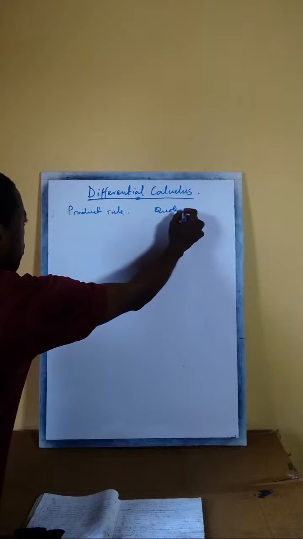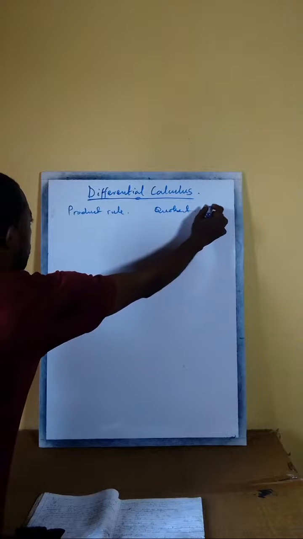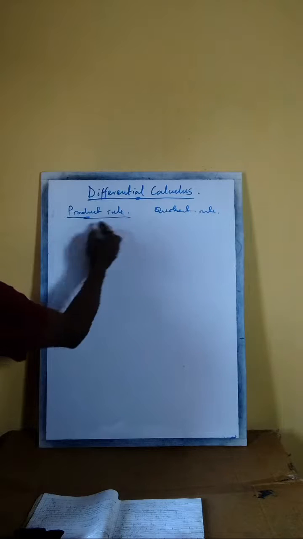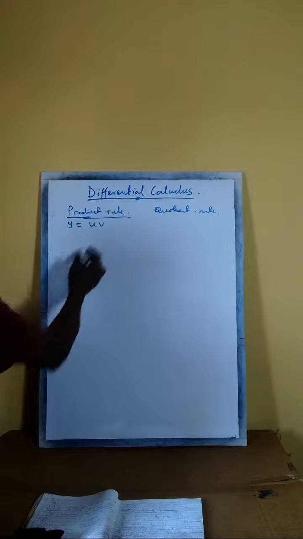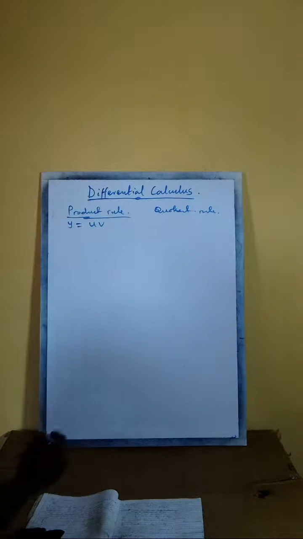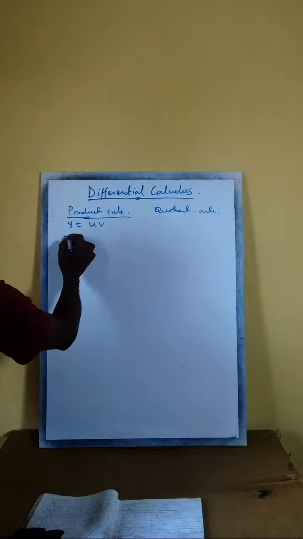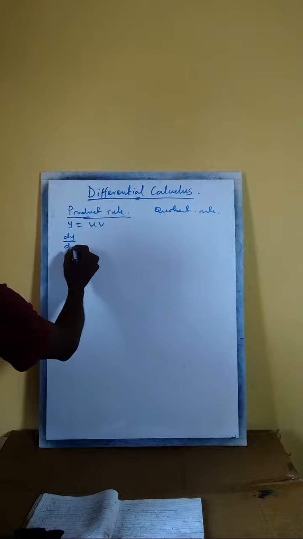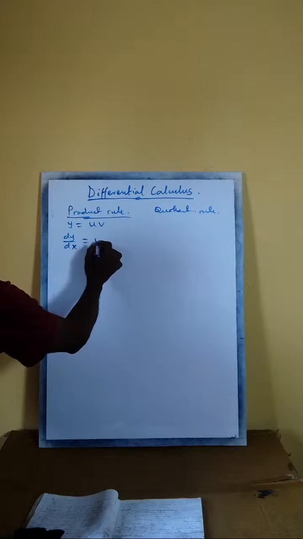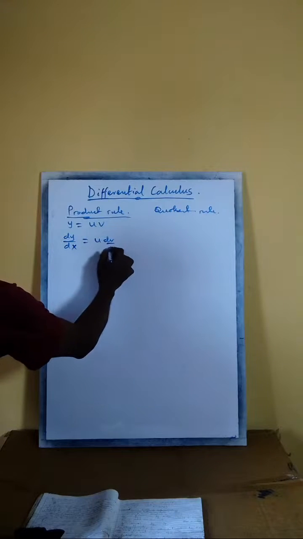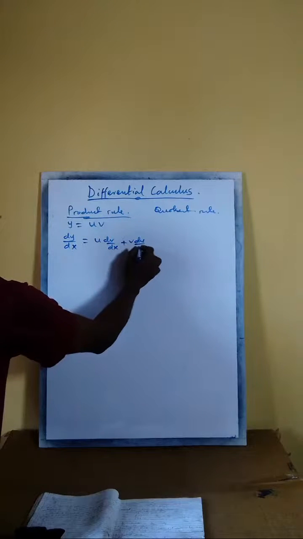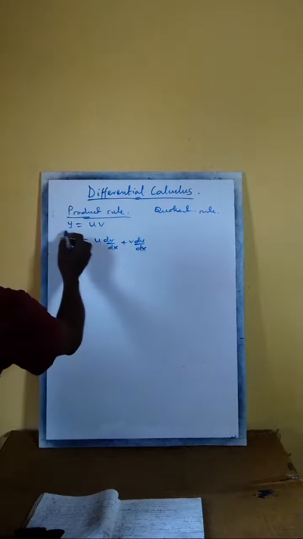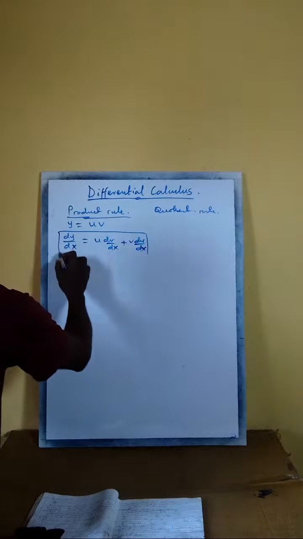From the product rule, we have y equals uv, where u and v are both functions of x. Then dy/dx, which is the derivative, will be equal to u dv/dx plus v du/dx. So here we have the formula for the product rule.